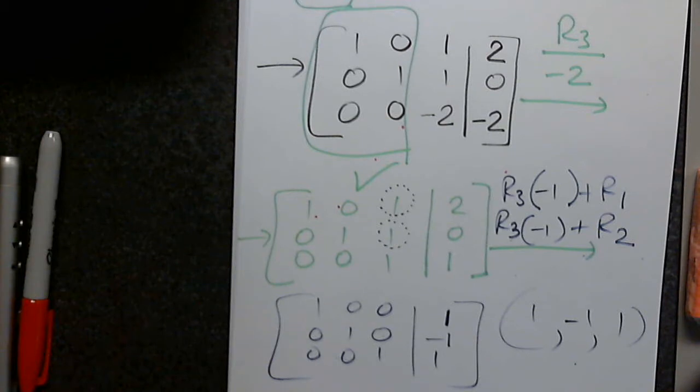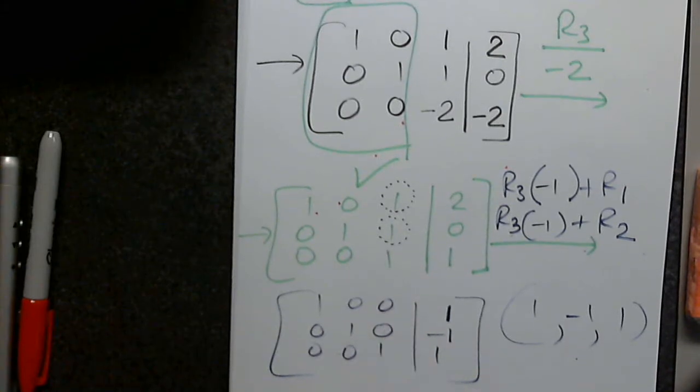But please remember the sequence of steps. First, I have to obtain the 1, and then using this, get the zeros. Then I get the 1, and using this, get the zeros. Then I get the 1, and using it, get the zeros. That's the only way.